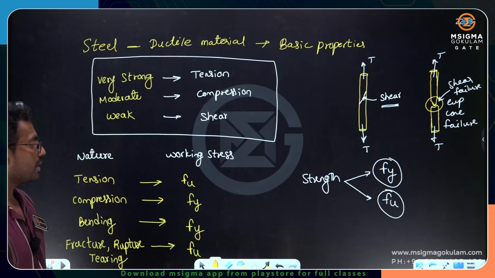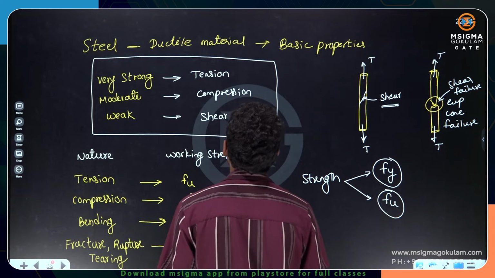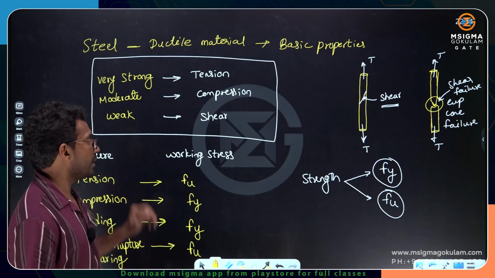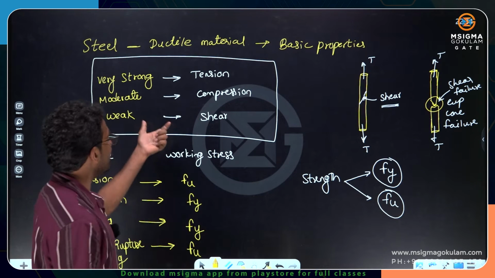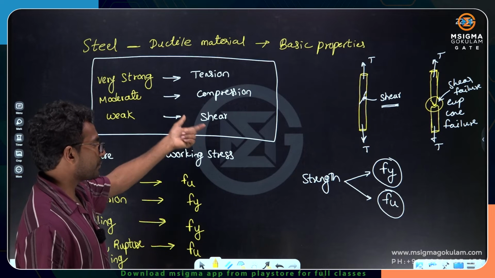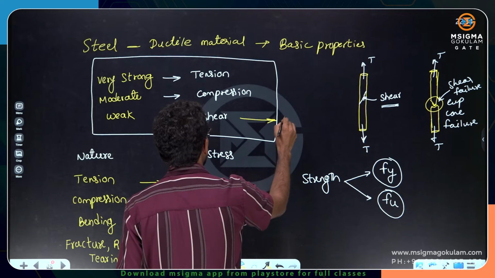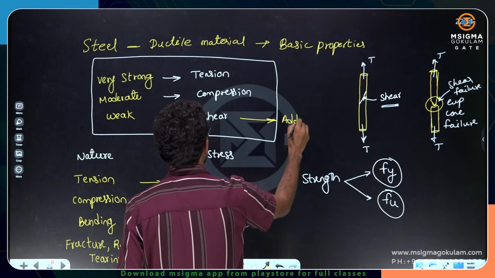Now come to the point, dear student friends. Material behavior is telling us that steel is weak in shear. Because it is weak in shear, our code says that you accommodate an additional factor of safety.